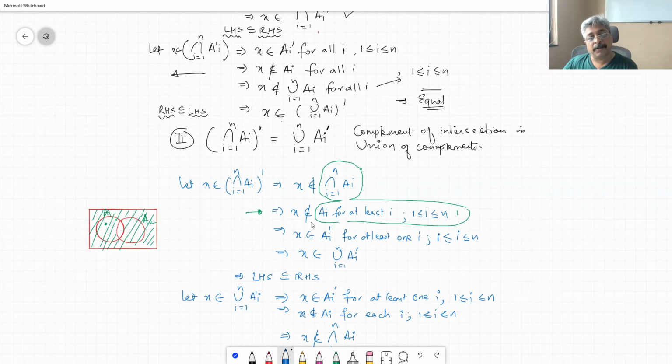That means x does not belong to Ai for at least one i such that this, which means x belongs to the complement of Ai for at least one i. So I think in all four places it will be at least one here.